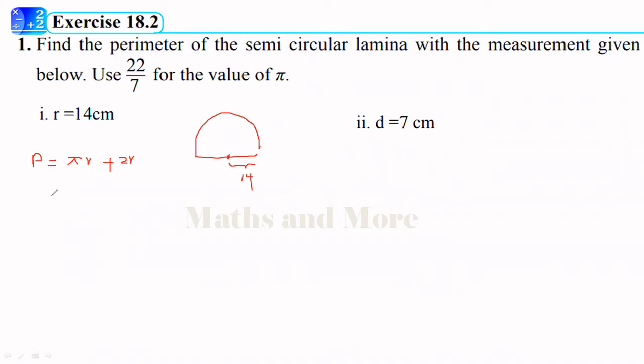So let's substitute for that. 5 means 22/7. 5r, so the value of 5 multiplied with the radius. Radius is here 14. Plus 2r, 2 times 14.